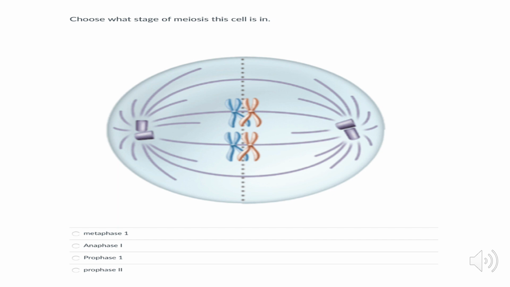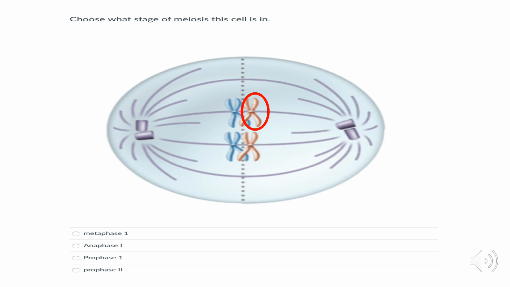Instead, when they are in metaphase 1, these chromosomes will be at the center of the cell as pairs. So once they are pulled by the mitotic spindles, they will be separated as one whole chromosome, and that one whole chromosome will be pulled towards the opposite side of the cell.